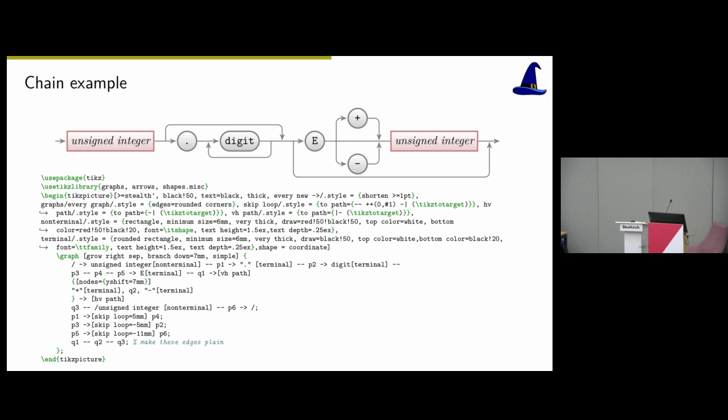We go from nowhere to assign integer non-terminal here, and then we go to P1, and so on. We go from P1 to P4, and so forth. So this syntax is pretty simple. The hard stuff is just the beginning.